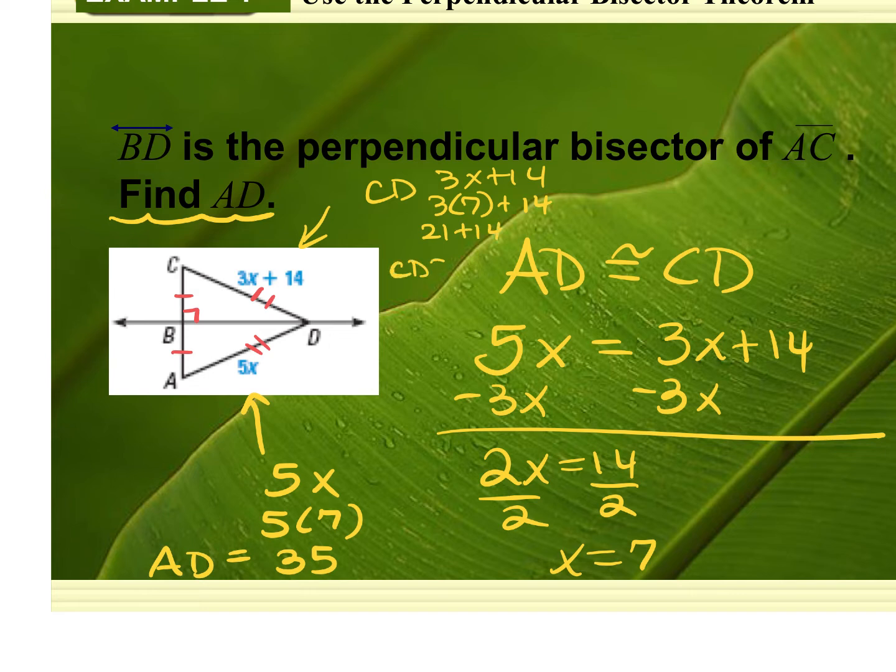And notice CD is also 35. Now, it didn't ask for CD, but that would have been a way to double check that I did get the same answers. Because again, remember, CD and AD are congruent segments, because D is on that perpendicular bisector, so I know it's equidistant from the endpoints of that segment that was bisected.